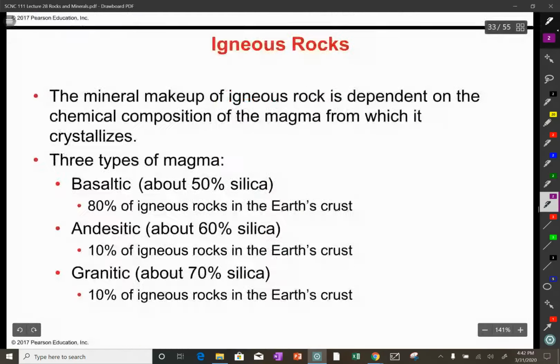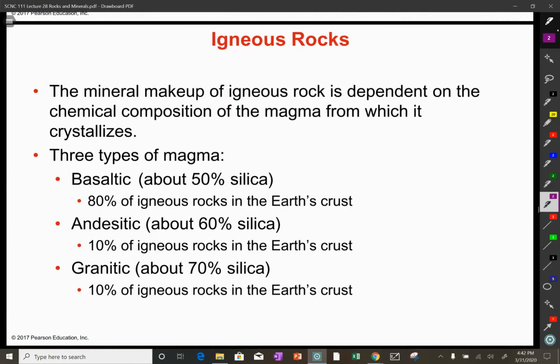And yes, I did want to get to this before I ended the lecture. The mineral makeup of igneous rock is dependent on the chemical composition of the magma. That is, if you have something that is a large amount of iron, well, of course, you're going to have iron in it.